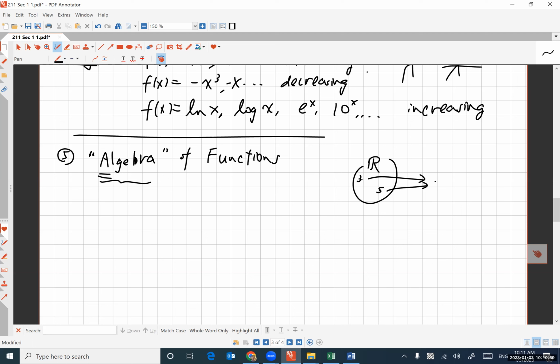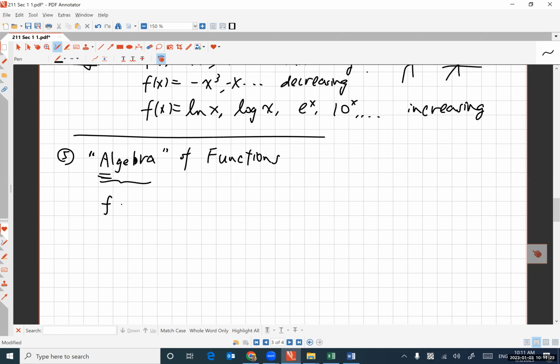When you take 3 and 5, you get 8 as the sum. So we define these binary operations like addition, subtraction, multiplication, and so on, and that forms an algebraic structure. The word algebra has to do with the sum, difference, product, and so on.